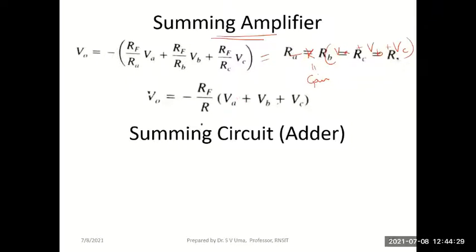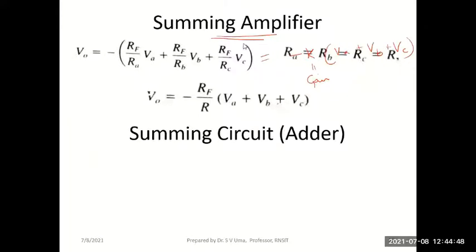Can somebody tell me what condition I should use if I wanted to simply add the three input signals and invert? RF should be equal to R. That's all, as simple as that.